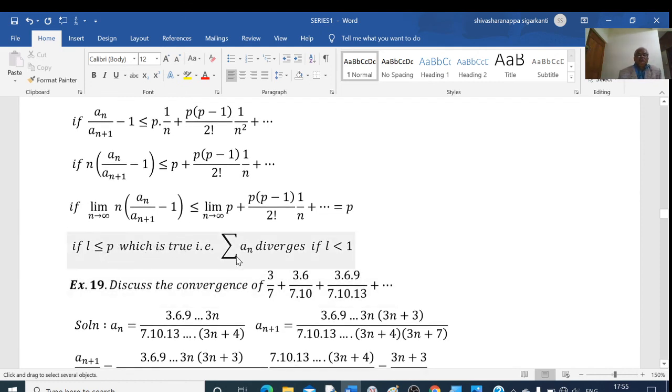Therefore, we say that sigma an is divergent if L is less than 1. So if L is greater than 1, then the given series is convergent. If L is less than 1, then the given series is divergent. This is the proof of Raabe's test. Thank you.